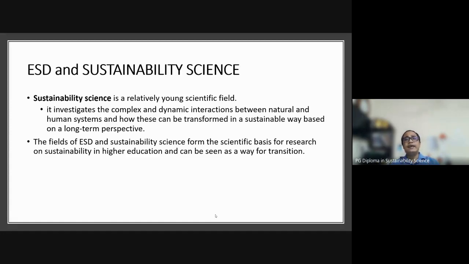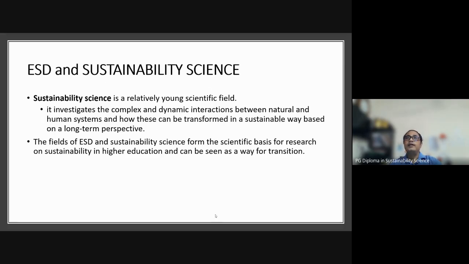The way we interacted with nature 100 years back is not the same as what we are doing today, and what we are doing today will not be the same after one year. So it is highly interactive, complex and highly dynamic. This dynamic process needs to be mapped or transformed in a sustainable way. So we are trying to find that approach, how to map this dynamic process.